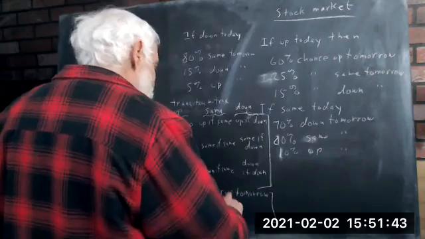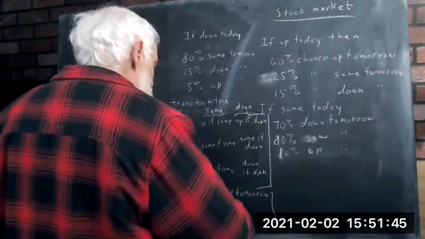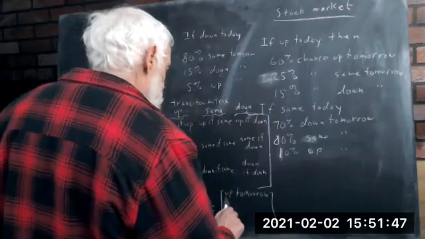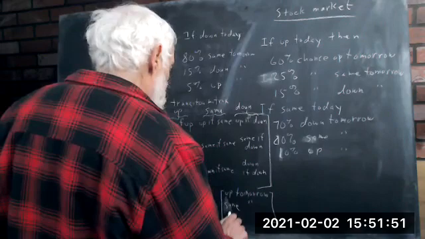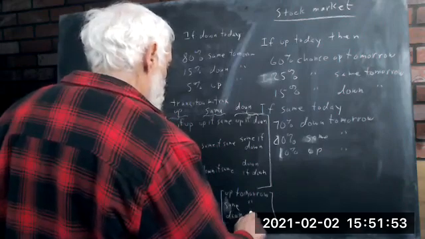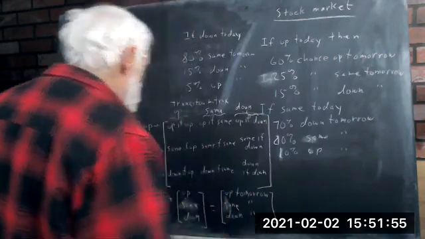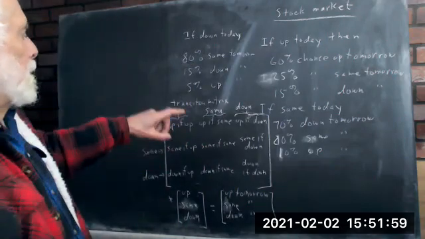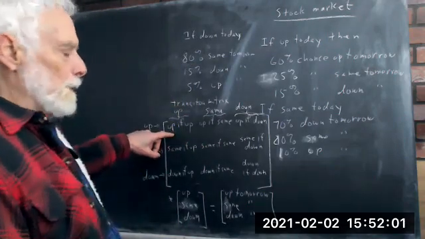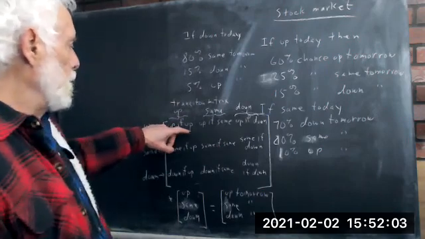I can't bring myself to follow up by anything but down, but it should be same. And down tomorrow. So this is the probability that it's going to be up tomorrow if it's up today.